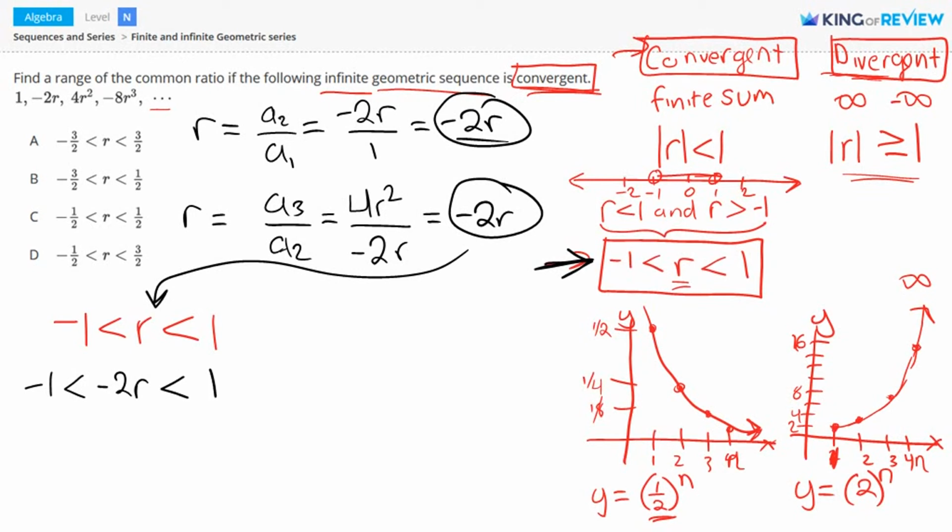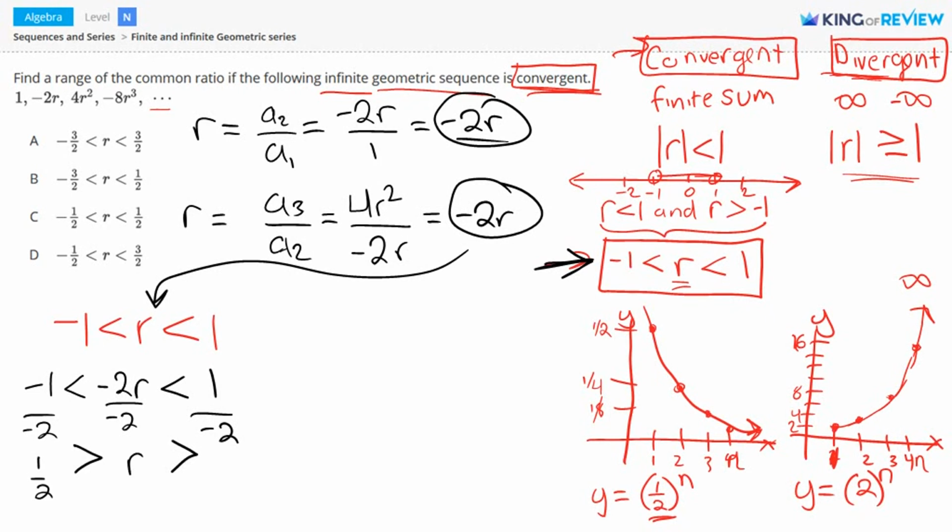So now we want r by itself here in the middle, so we're going to divide by negative 2 on all sides. And remember, when you multiply or divide by a negative number, it flips the inequality sign. So these are now flipped. Negative 1 divided by negative 2 is 1/2, and this is r.